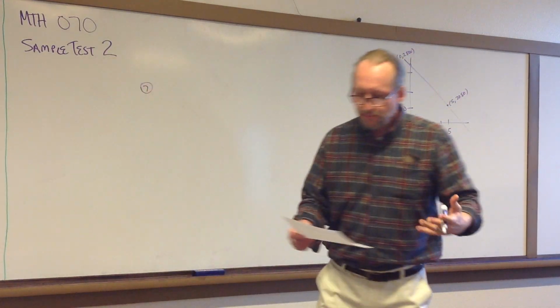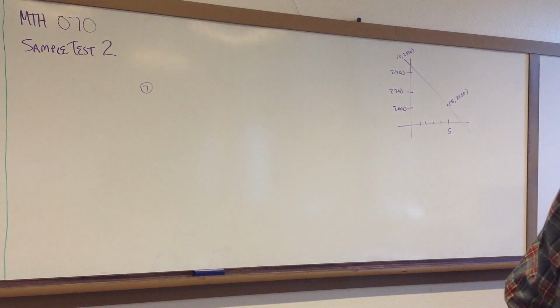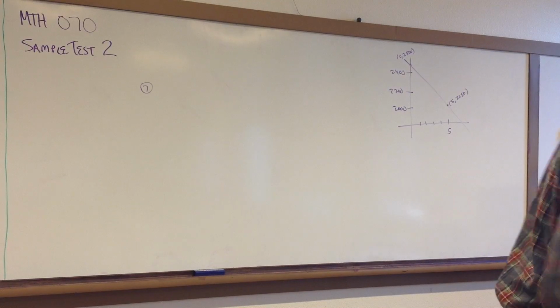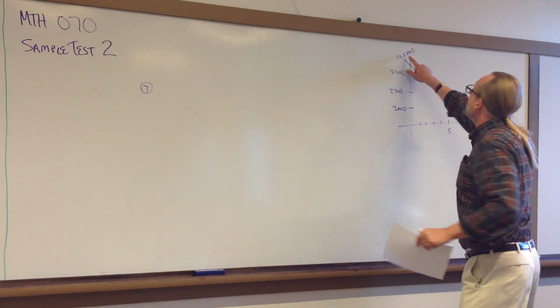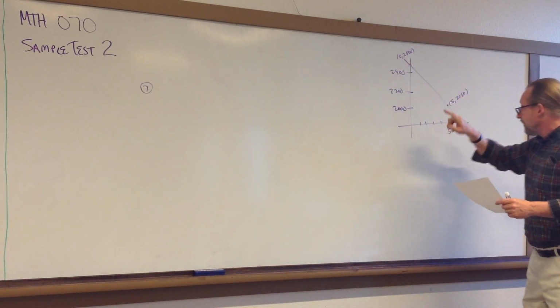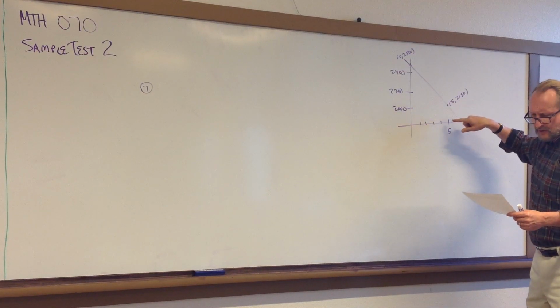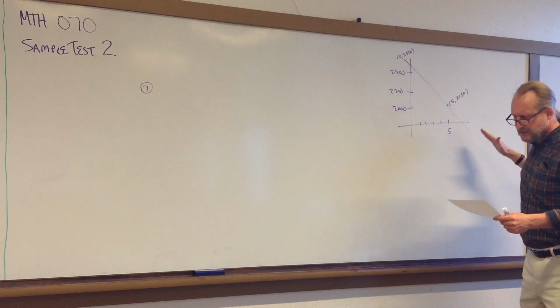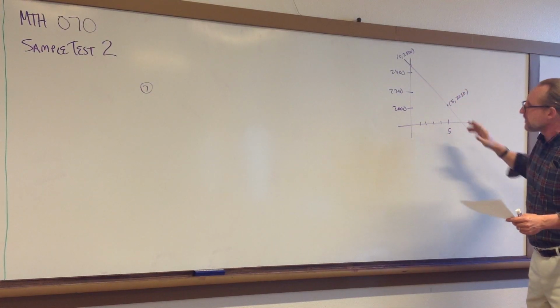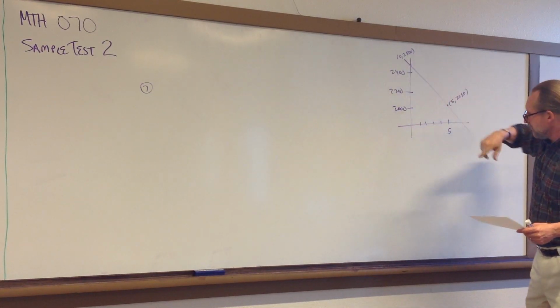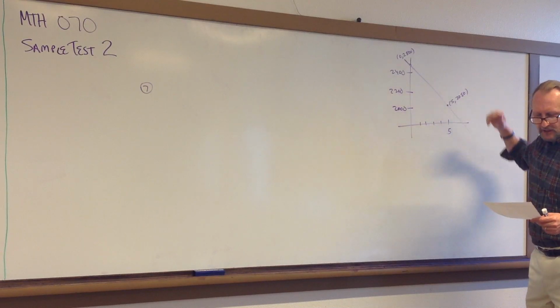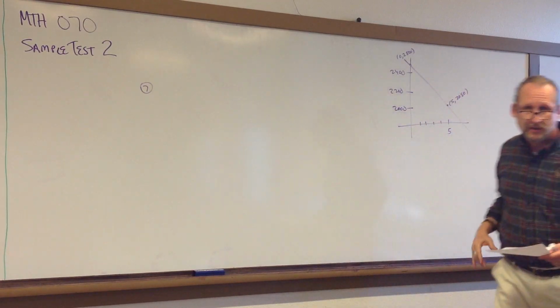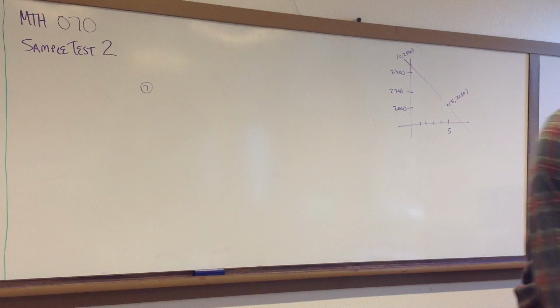The situation in the problem says a business purchased a computer in the year 2008 for $2,500, that's up here. In 2013, 5 years later, the computer was worth $2,050. This is the graph for the depreciation of the computer. 2008 corresponds to year 0, 2013 corresponds to year 5, and we want to write the equation for this line.